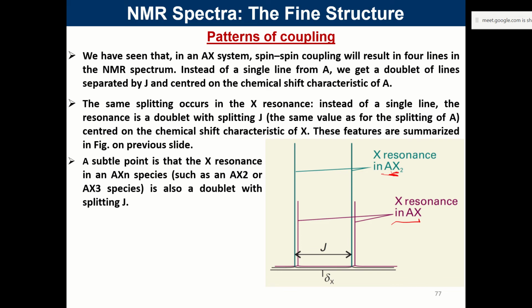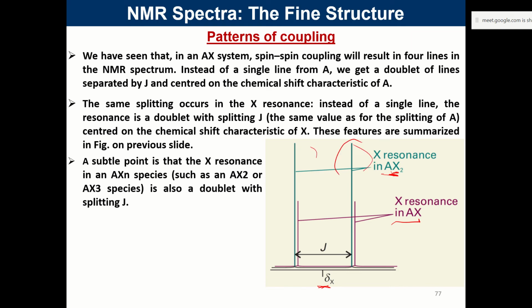In that case, because the number of X has increased, if you are looking at the signal for X, only the intensity will increase. The coupling is going to happen with the A nucleus for both the X nuclei, and at the same position the splitting will occur and it will have higher intensity, as shown here through this picture.